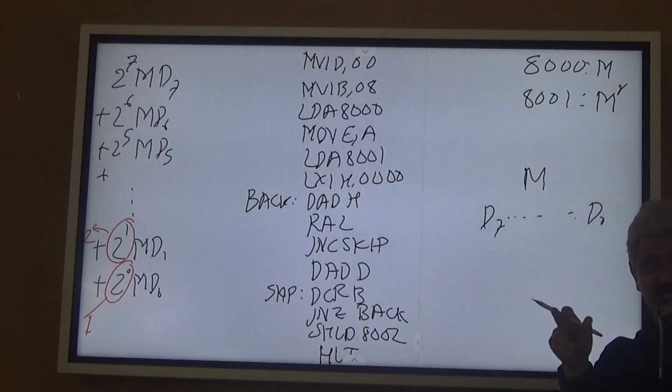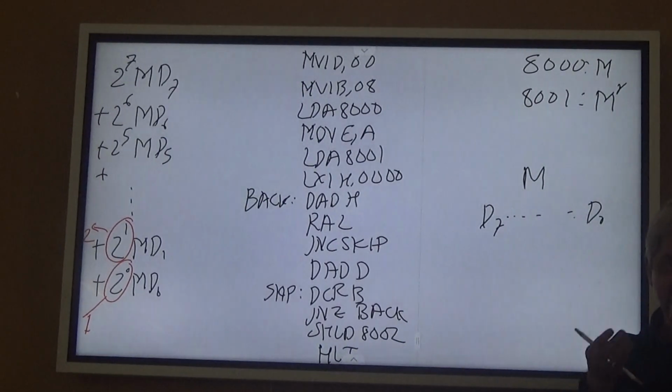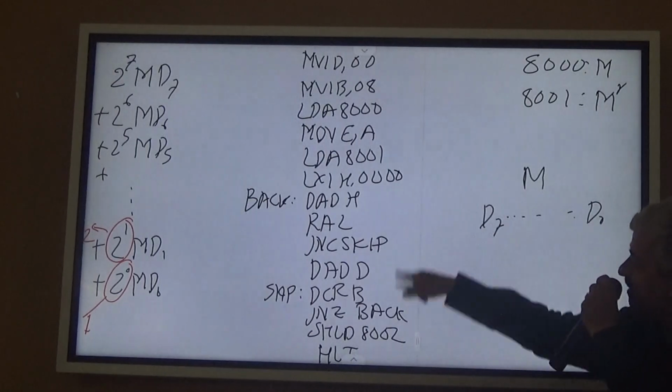So shifted by 1 means multiplying by 2. Shifted by 2 means multiplying by 4. Shifted by 3 bits means multiplying by 8. Means shifting by n bits is multiplying by 2 raised to n. Now, whether this program does that.